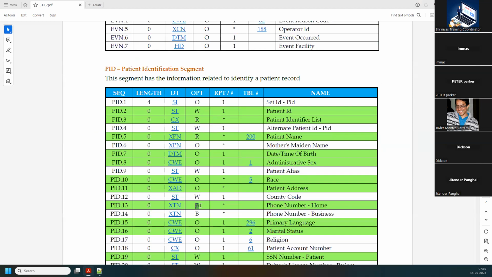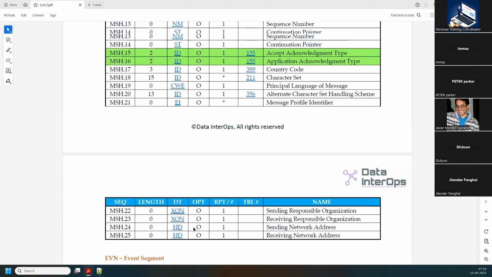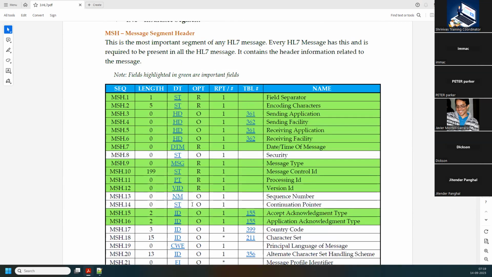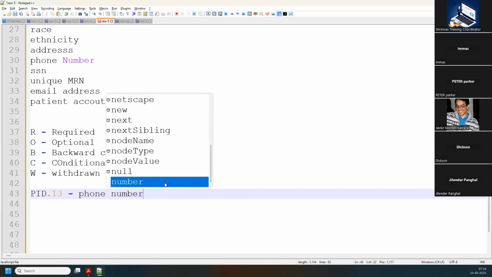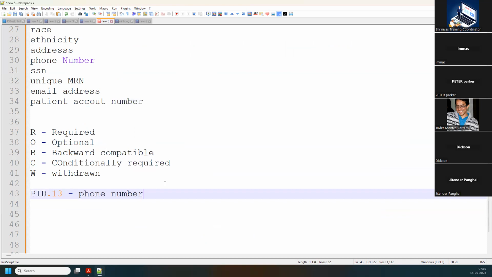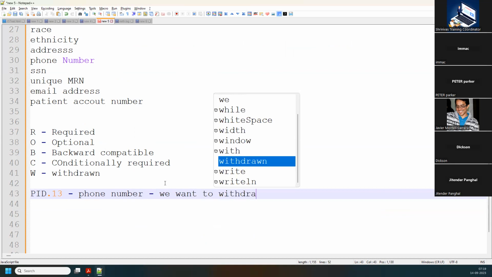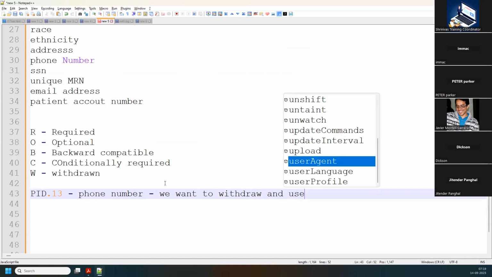And PID13 is backward compatible, right? So what does backward compatible mean? Let's say HL7 has decided that they will retire a field, which means they don't want to use that field anymore and they are going to withdraw it. Let's take the example of PID13 itself. PID13 is basically a phone number field. And they have decided that they want to withdraw it and use a different field.